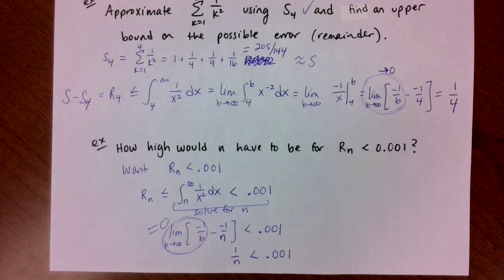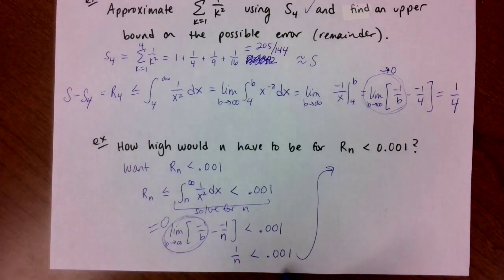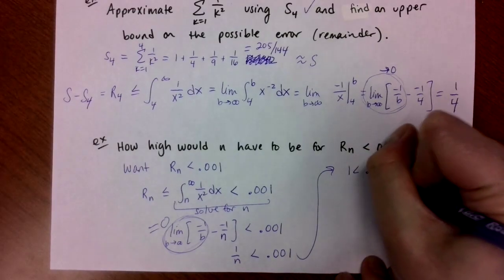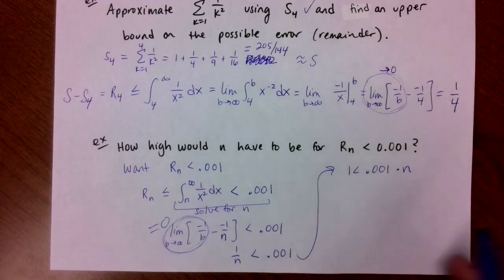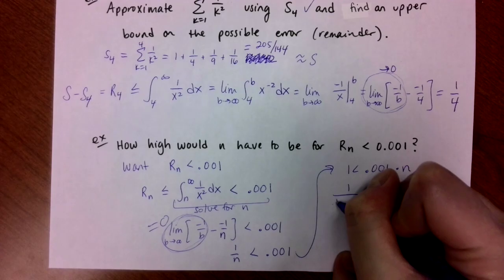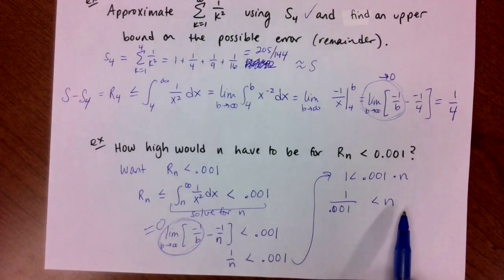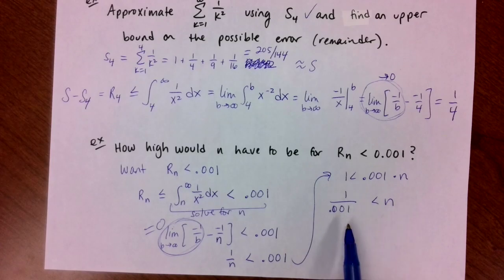And this is something that I can solve. It's a little bit awkward to do so, but that's okay. We can work with this. I'm going to multiply the n to the right-hand side and then divide the 0.001 over. So n has to be larger than 1 over 0.001.